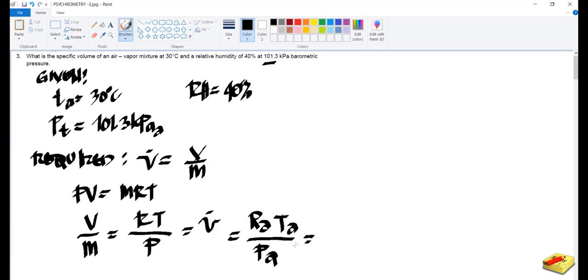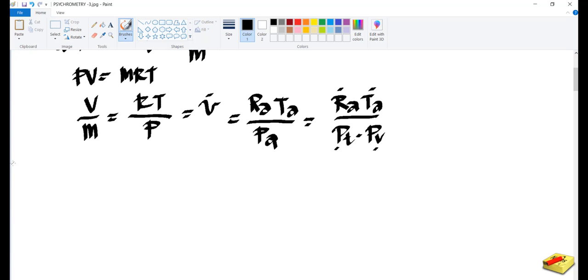And we can expand our equation: R of the air, temperature of the air, then from the equation, the total pressure minus the partial pressure of the vapor. We have the R of the air, the temperature of the air, and the total pressure. Now what we don't have is the partial pressure of vapor.